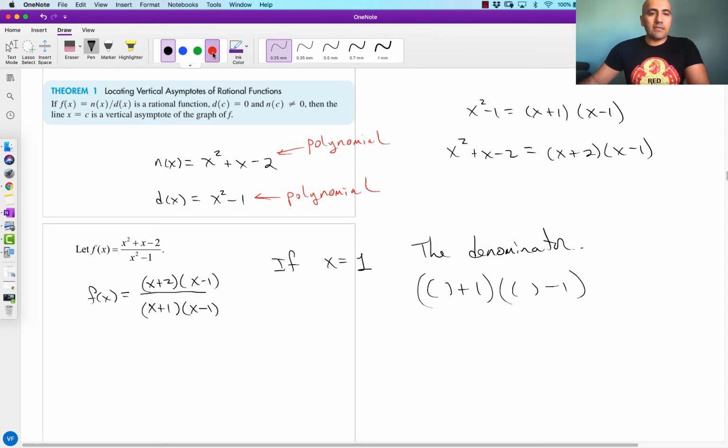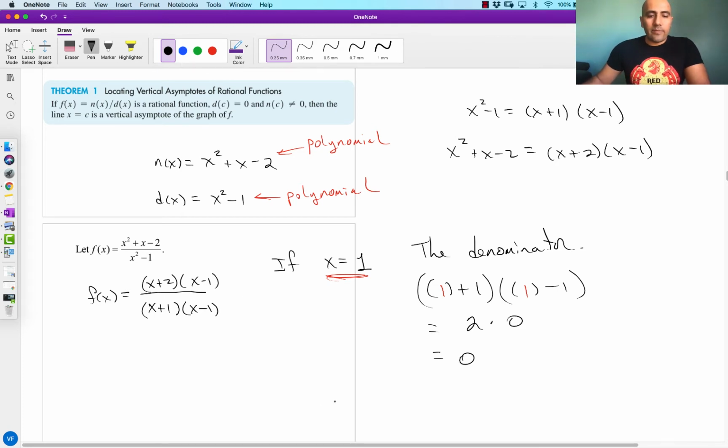So if we let x equal positive 1, I'll get a 1 there and a 1 there, which means I'll end up with 2 times 0, which means I'll get a 0. So when x equals positive 1, I'm going to get a 0 in the denominator. That's what this is saying: the denominator, d of c, equals 0. And at the same time, when I plug in 1 in the numerator, oh, well, I'll get a 0 in the numerator as well. But we'll look at that in a second.